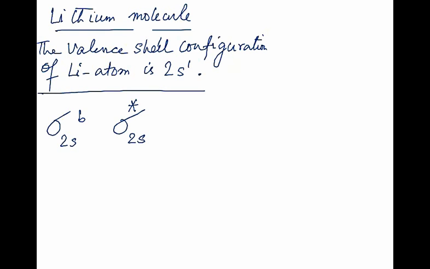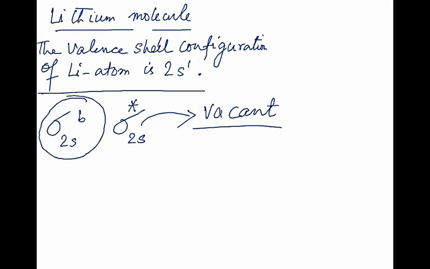Since the energy of the sigma bonding orbital is less than that of the sigma antibonding orbital, the two electrons present in the valence shell of the lithium molecule will occupy the sigma 2s bonding orbital, and the sigma 2s antibonding molecular orbital will be vacant.